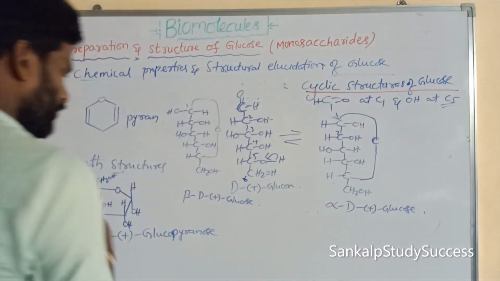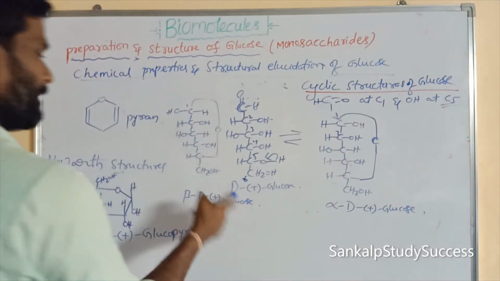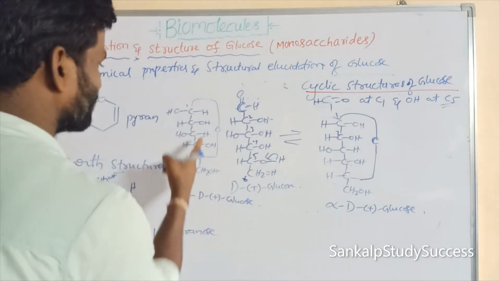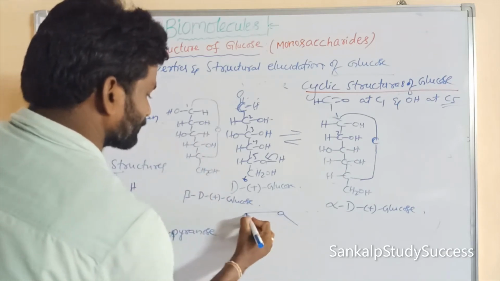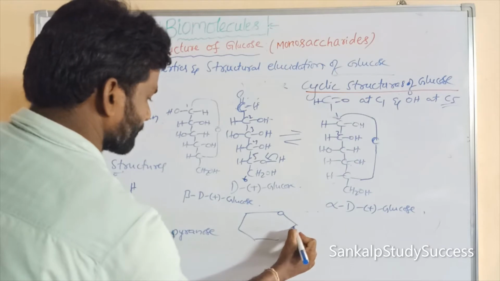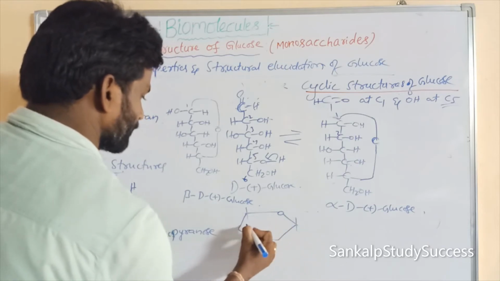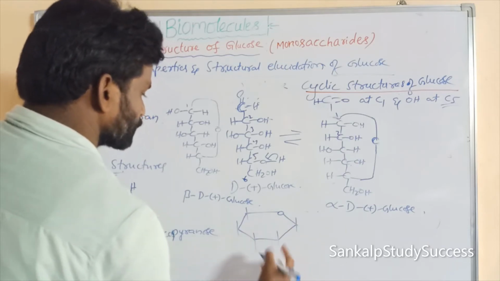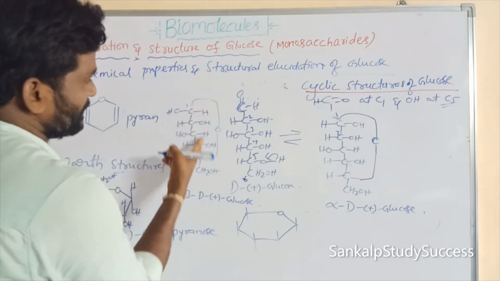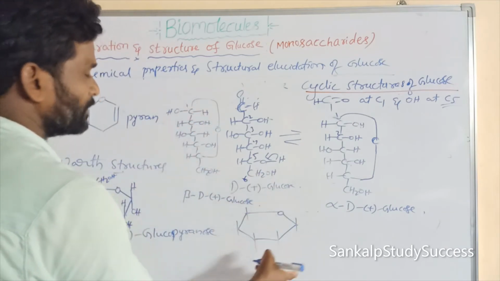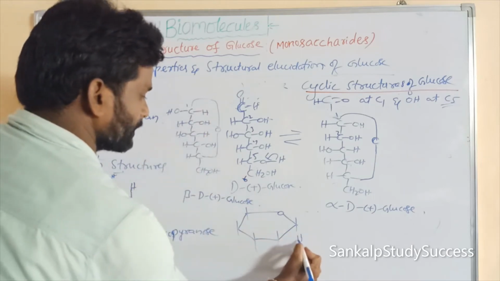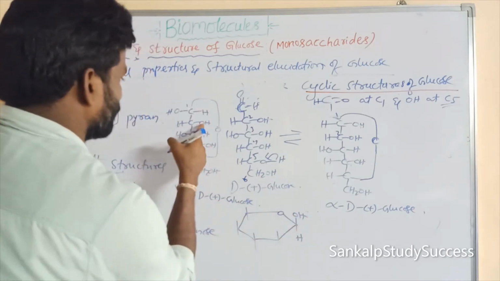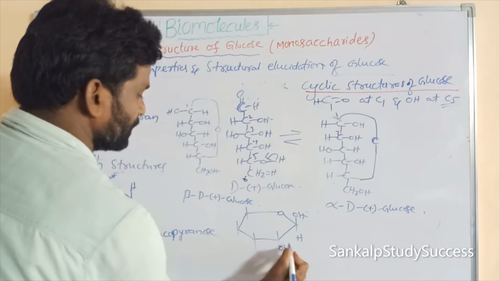Now we can write beta D glucose. How to write? This is the beta. We can write it the same way. The right side substituents can be written below the plane of the ring. This is OH, OH is present on the right, that is below.